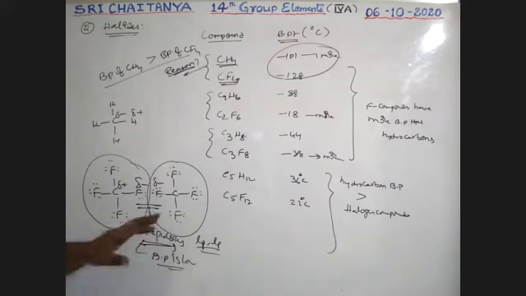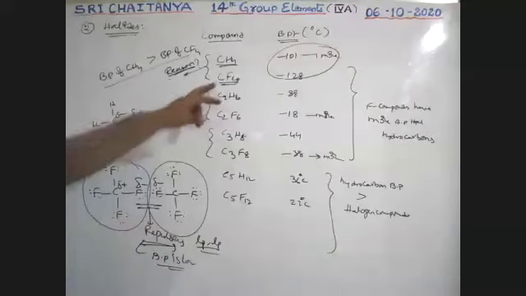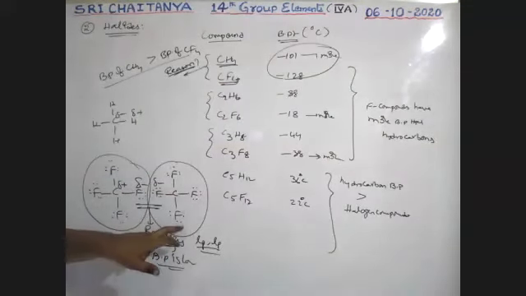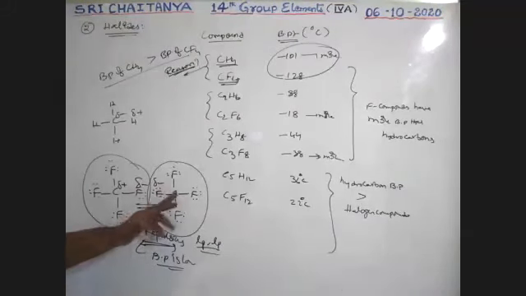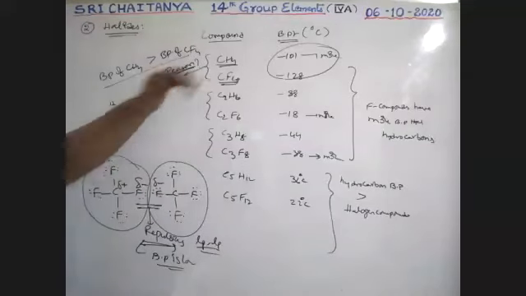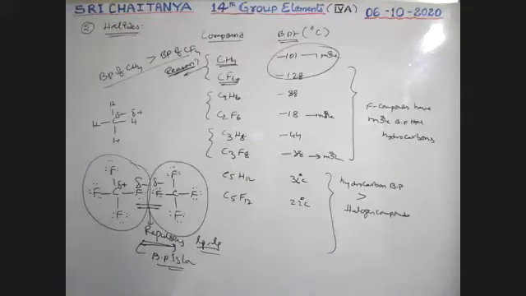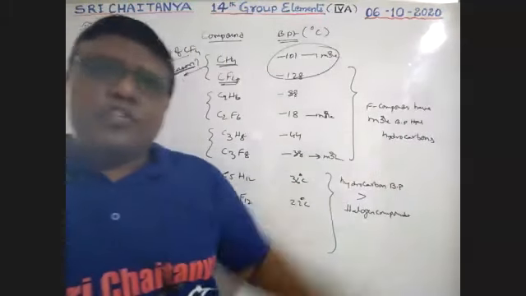So that is why CF4 has less boiling point because of repulsions. Repulsions dominate molecular attractions. Therefore, the boiling point of CF4 is less than that of CH4. But other cases are as usual.